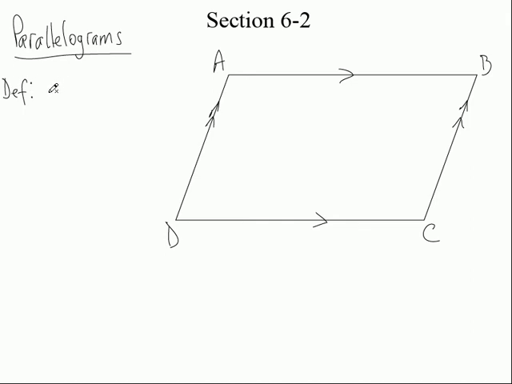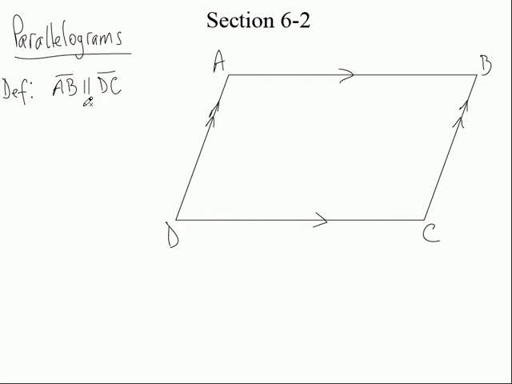Let's write it down. So what must be parallel as far as using all the letters? Let's be more specific about this parallelogram. If this is a parallelogram, what do we know so far? That line segment AB is parallel. AB is parallel to what? DC.